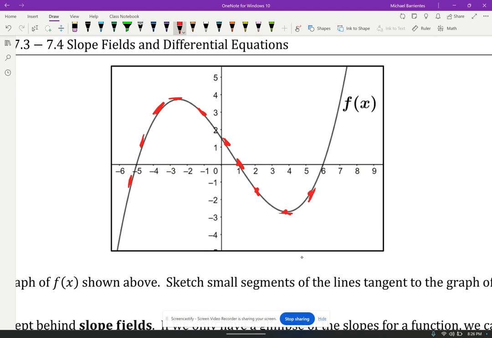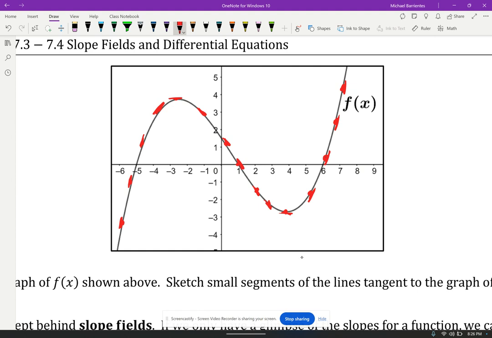If I was able to take away and erase the curve, the question is, would you be able to tell what the original graph looked like just by looking at these red little lines?